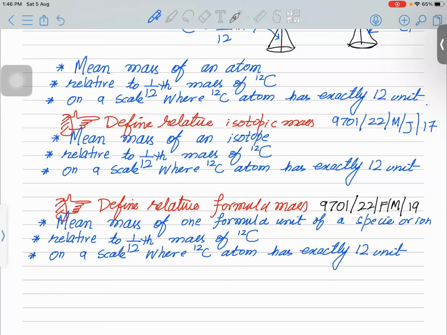So, for example, the formula mass of NaCl is 58.5.